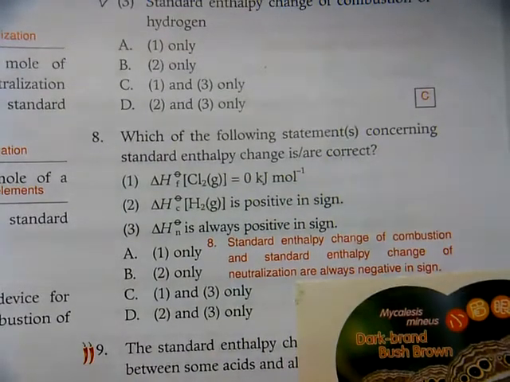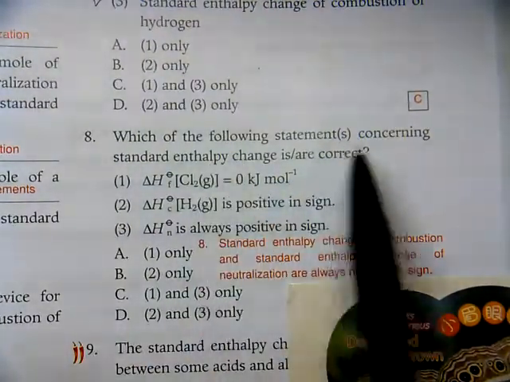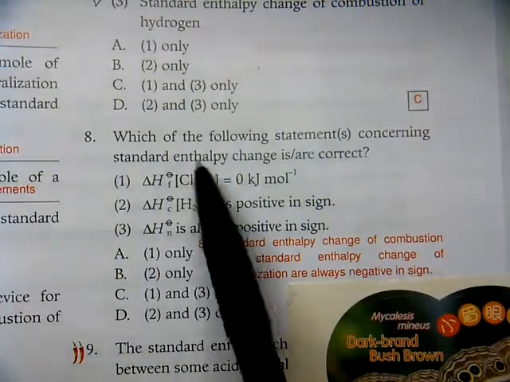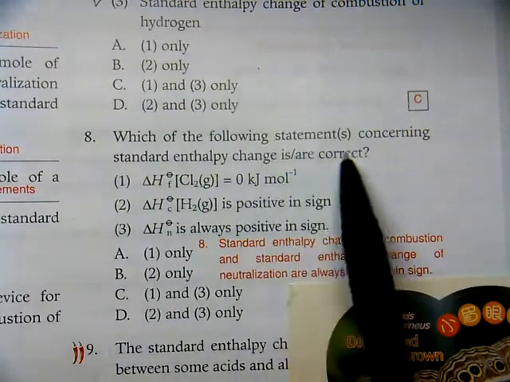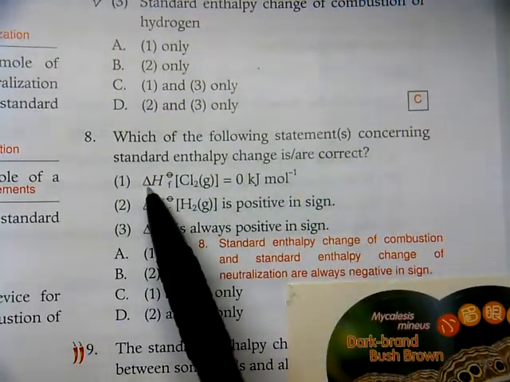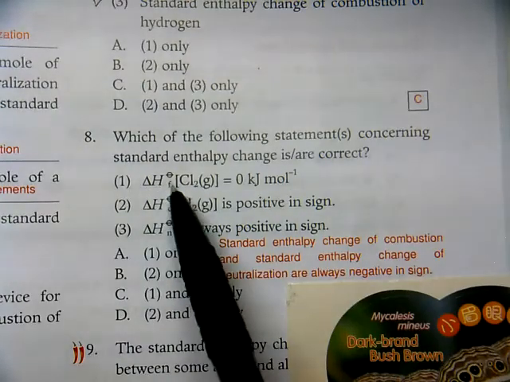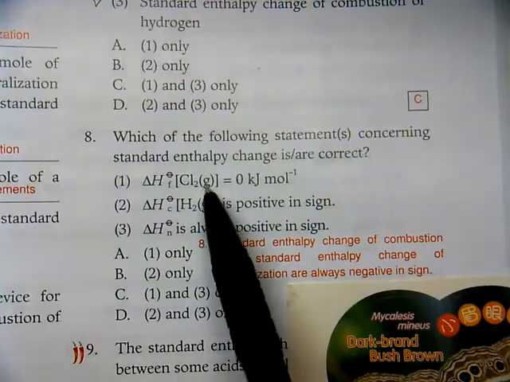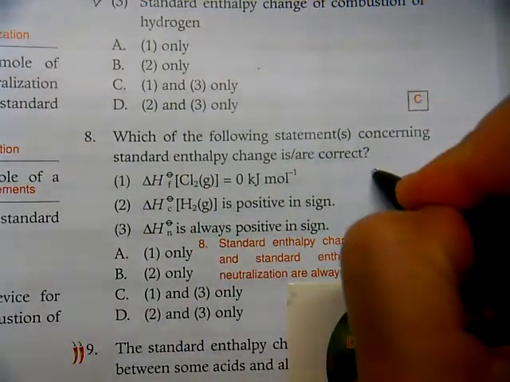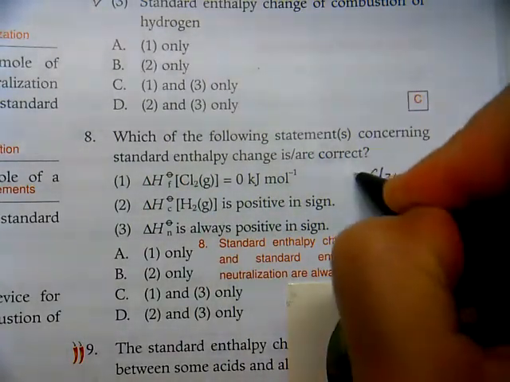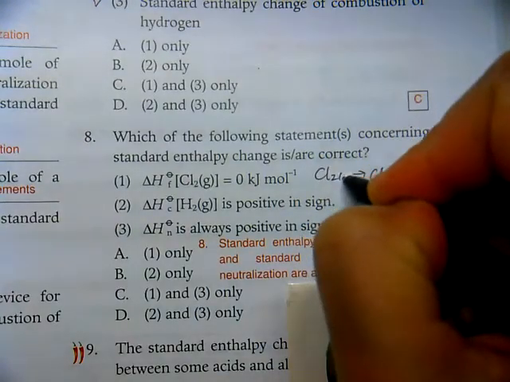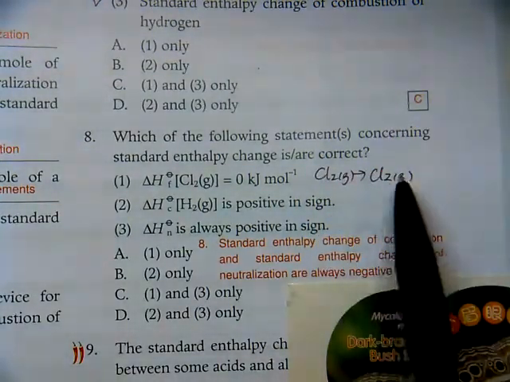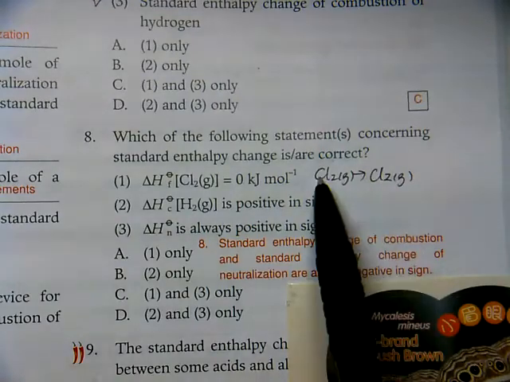Number 8. Which of the following statements concerning standard enthalpy change is correct? Standard enthalpy change of formation of Cl2. Cl2 is an element. In other words, if I need to write down an equation, you can see that it is correct. Formation of chlorine from its element is also Cl2.